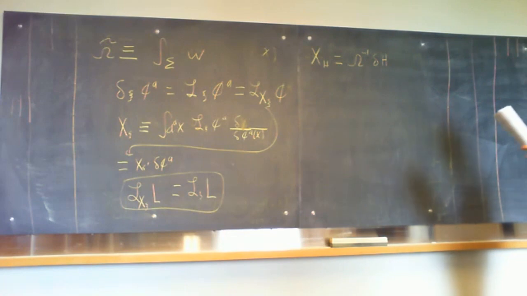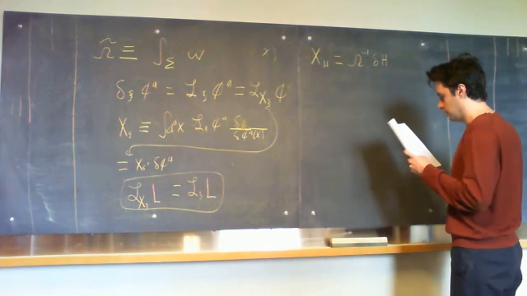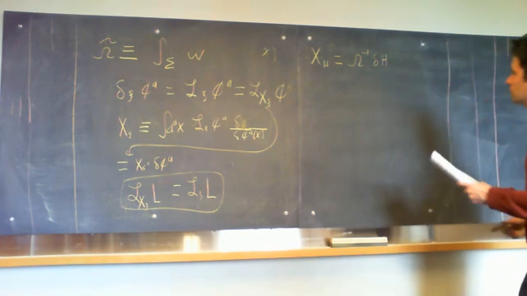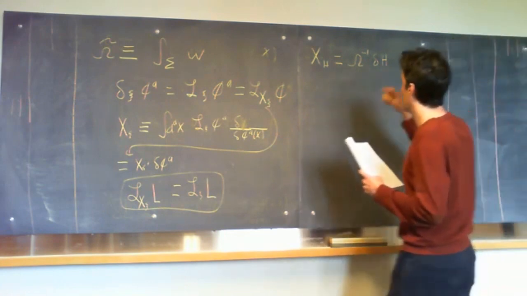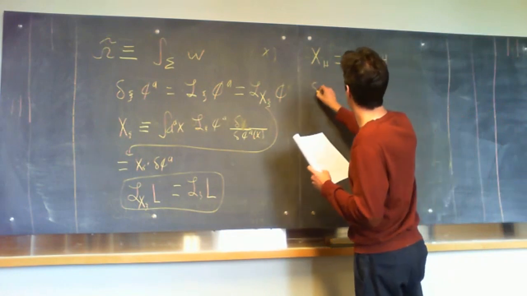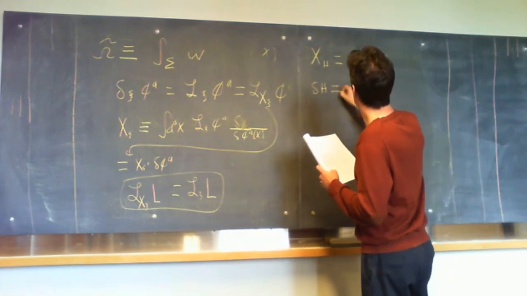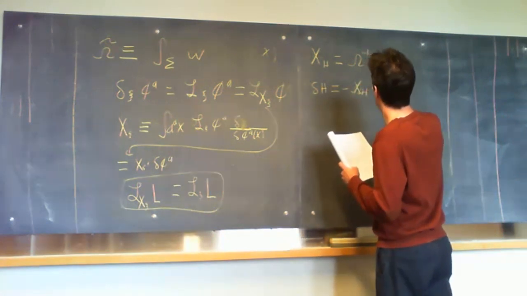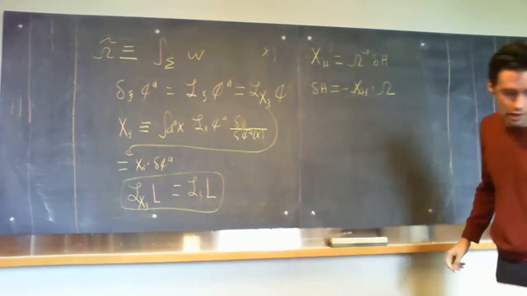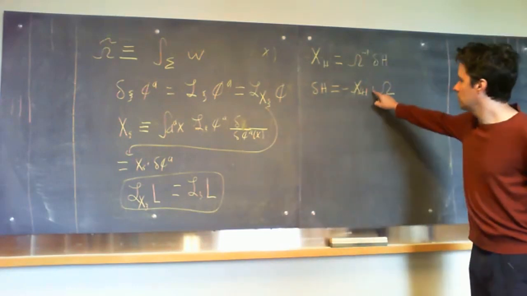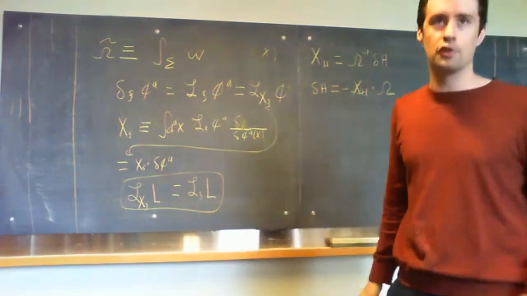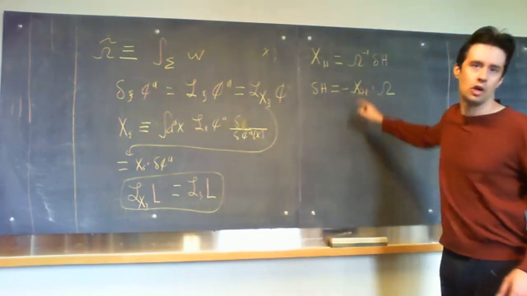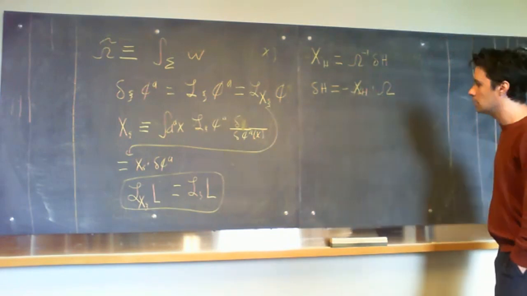What we can do is move the omega over to the other side, and we can write this as del H equals minus X_H dot omega, where dot here indicates inserting a vector into the first argument of a differential form. And the minus sign comes because that put it into the first argument instead of the second argument.